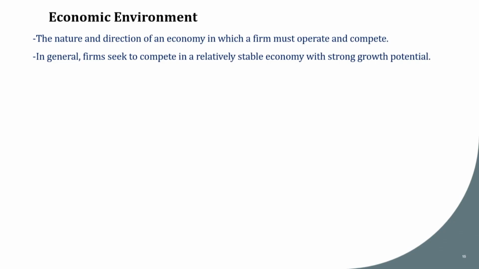So the economic environment includes mainly the nature and direction of an economy in which a firm must operate and compete. In general, firms seek to compete in a relatively stable economy with strong growth potential.